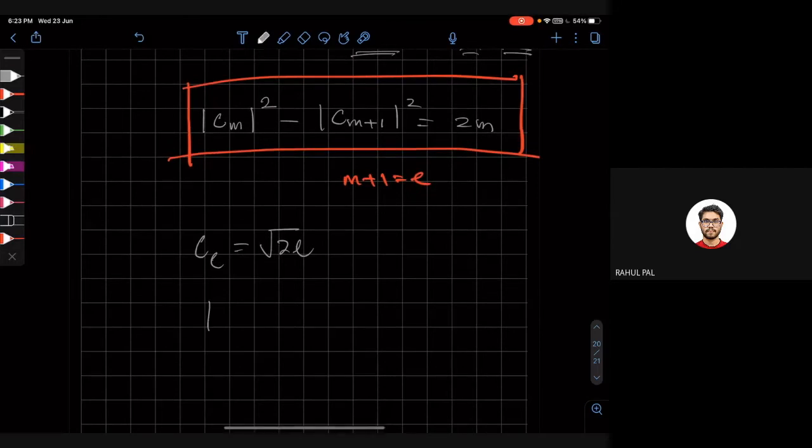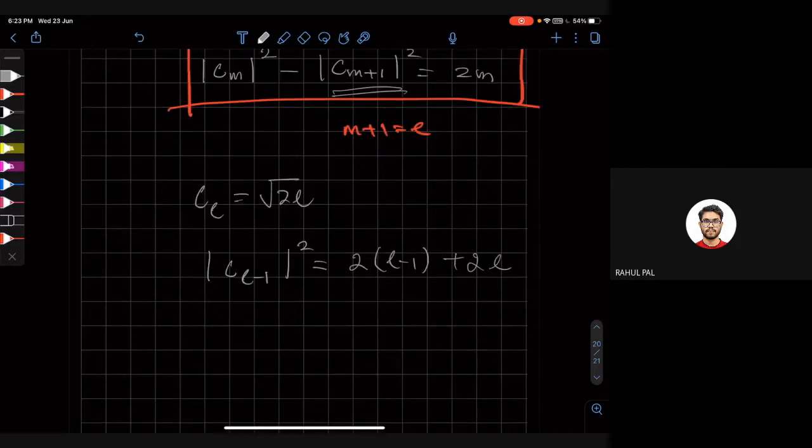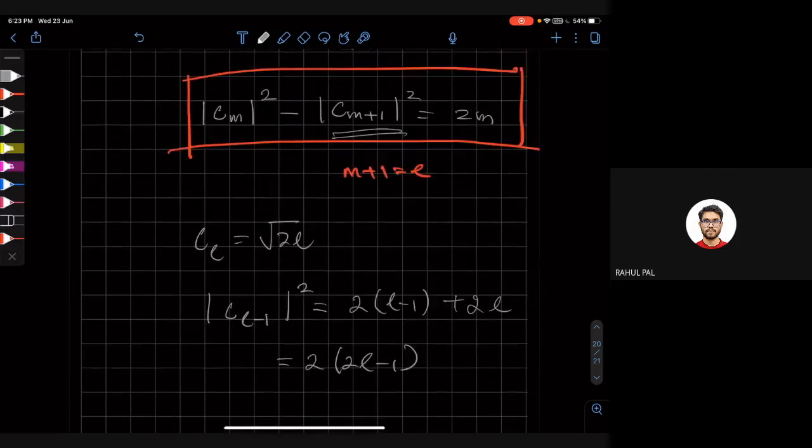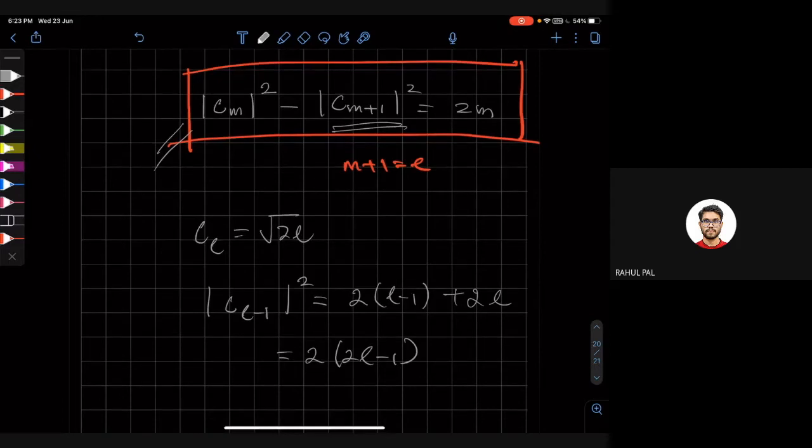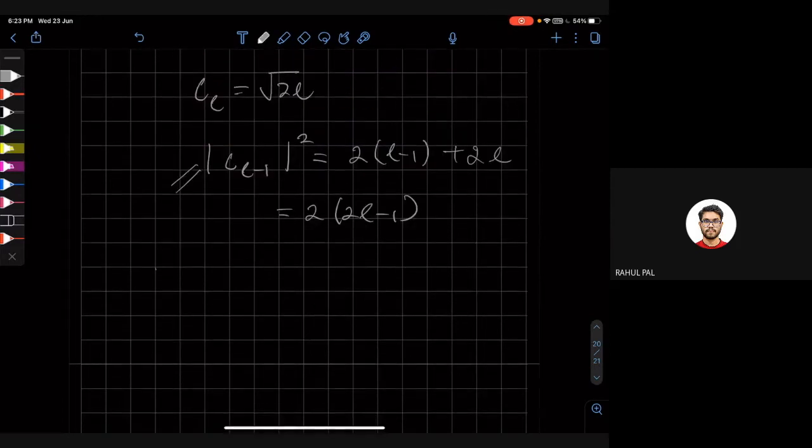Plugging that into this equation, I get |C_{L-1}|^2, where m is L minus 1, so it's going to be 2 times L minus 1, plus the square of C_L, which is 2L. So I have plus 2L. I can write this as 2 times 2L minus 1. Now using this value again, I can work out what |C_{L-2}|^2 is.